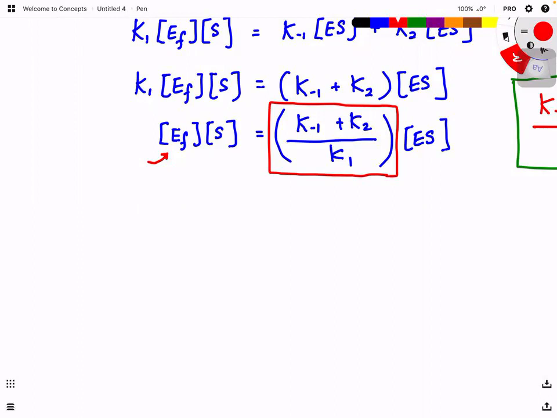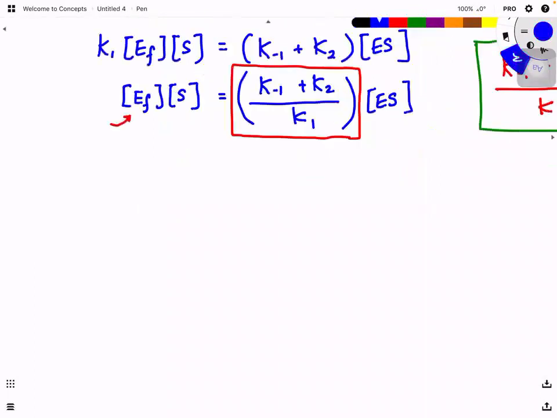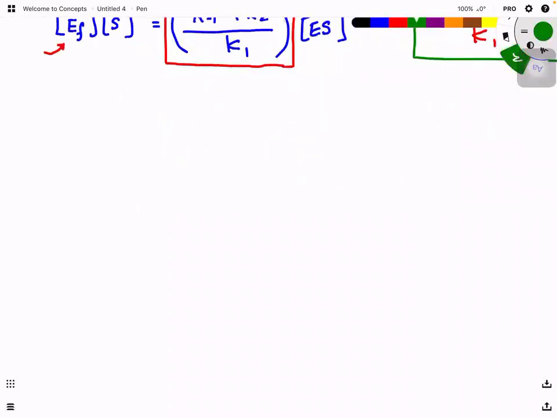So it means that we do not know the concentration of the free enzyme. But we do know that in any enzymatic system, the concentration of total enzyme equals the concentration of the free enzyme together with the concentration of the ES complex.